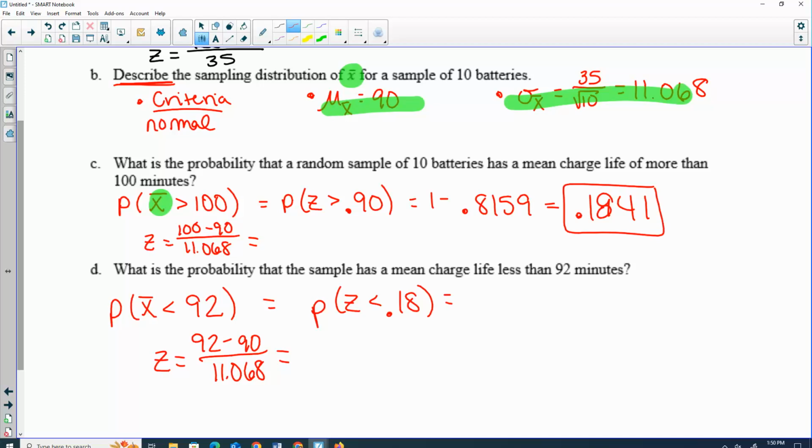So if we look up 0.18, we get 0.5714. So if I'm talking about X bars, you need the mean and standard deviation for X bar when you find your z. Is that okay?